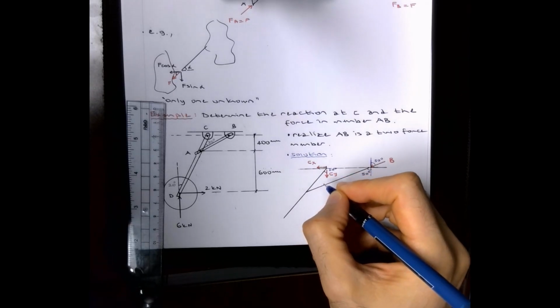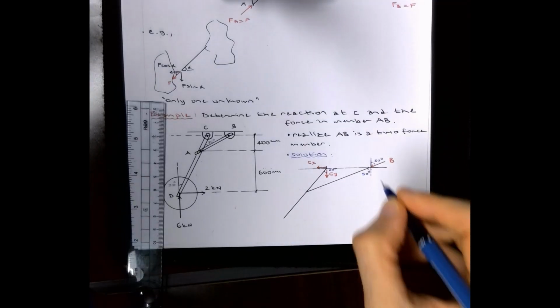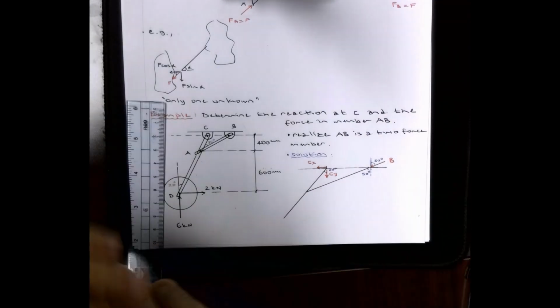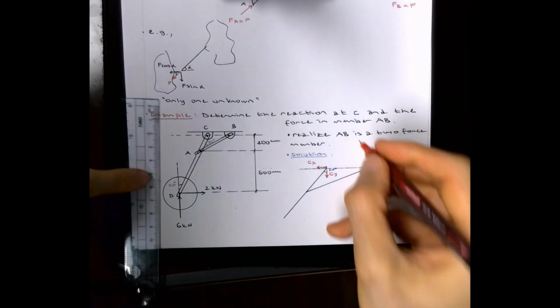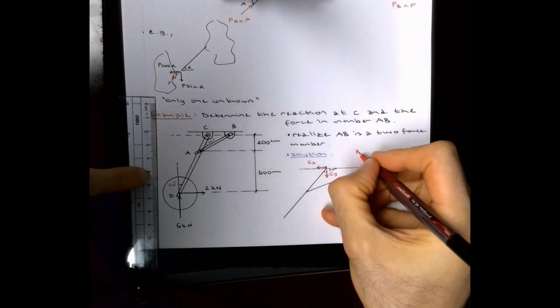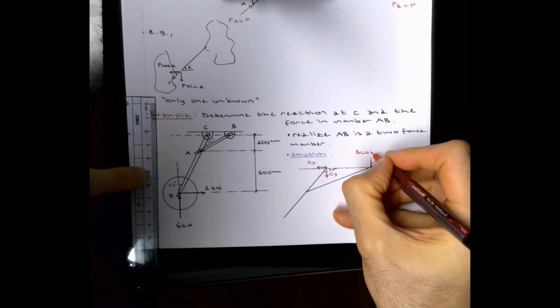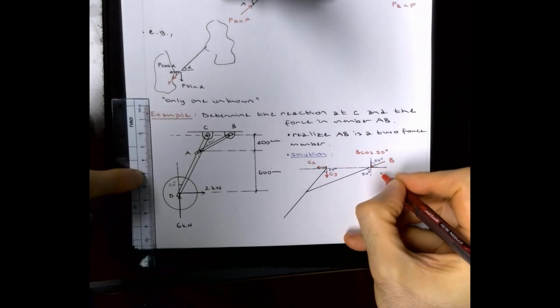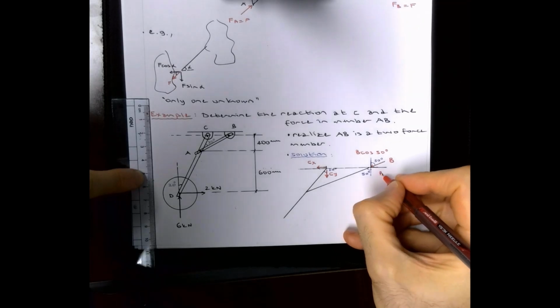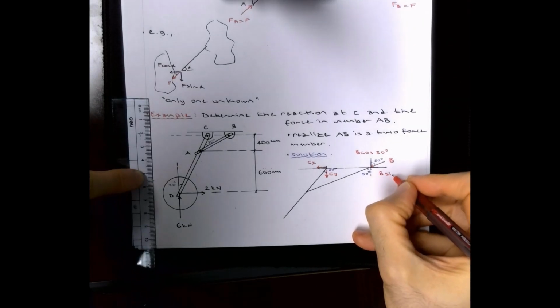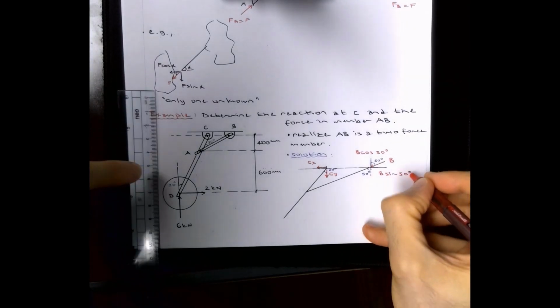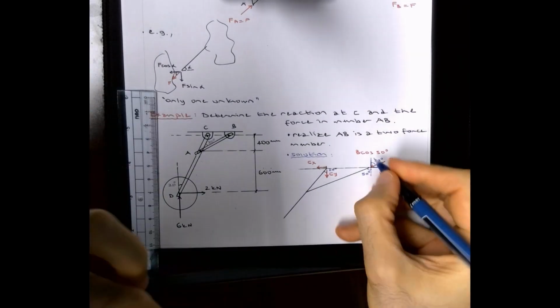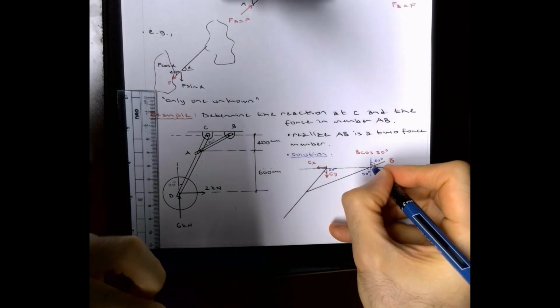So here, call this b times cosine 50, and this is going to be b sine 50, right? So we can label these this way.